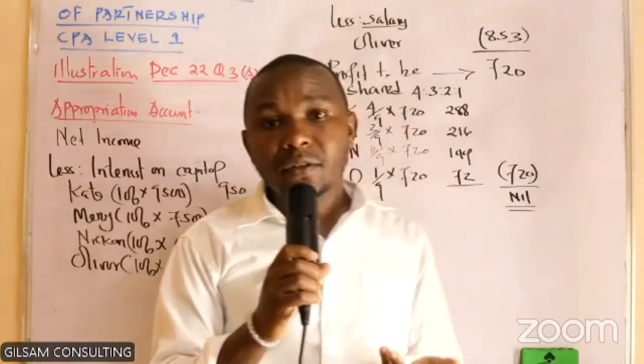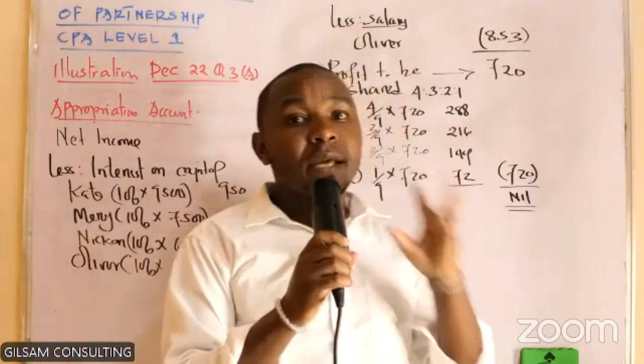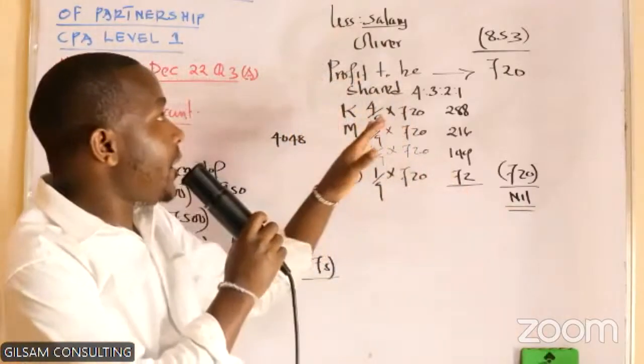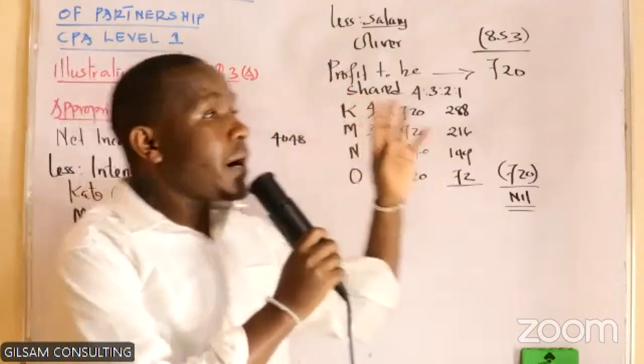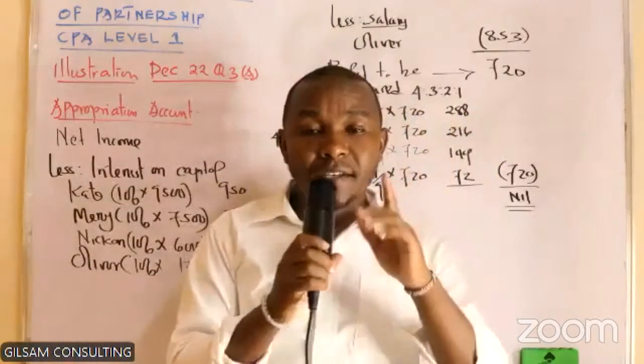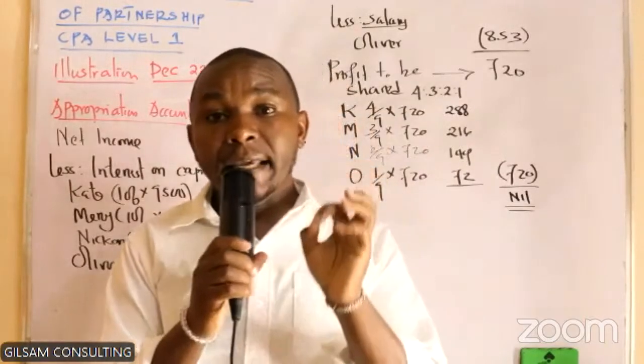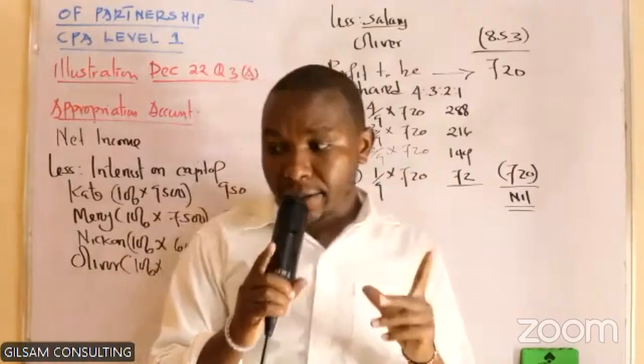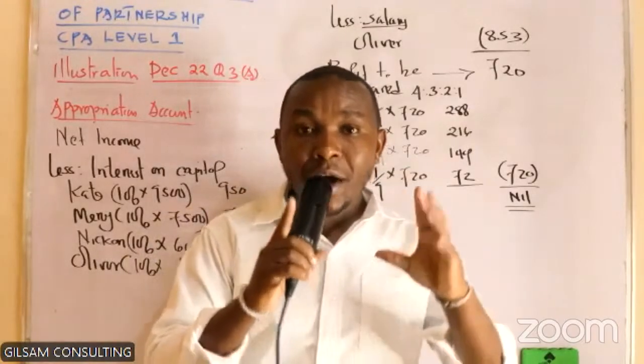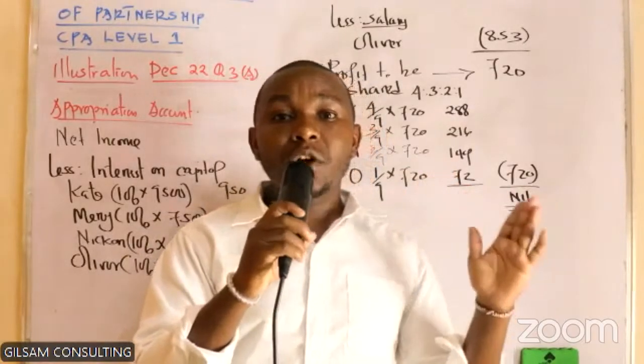And then we have the salary to partner. The salary to partner is only paid to Oliver. We have been told Oliver was admitted on 1st November 2021 and was paid a salary of 853,000 per annum. So you have to be keen on the date of admission.